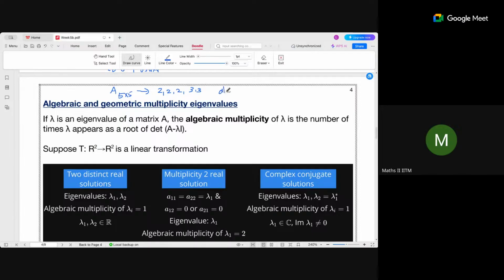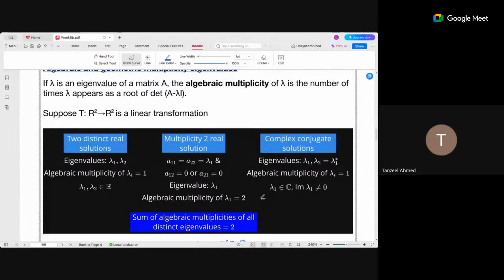What is the algebraic multiplicity of lambda equal to 2? How many times is it repeating as an eigenvalue? 3. Okay, and what is the algebraic multiplicity for lambda equal to 3? 2. Do you understand now?